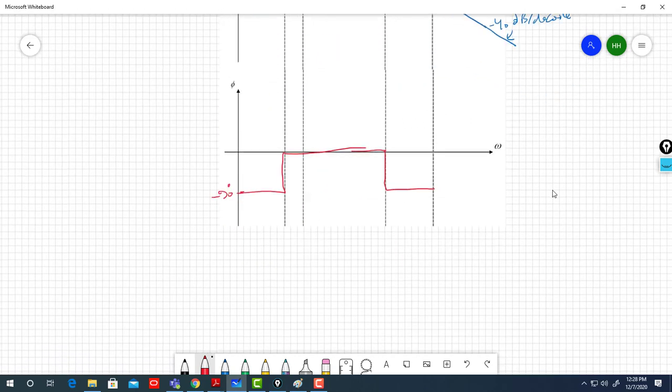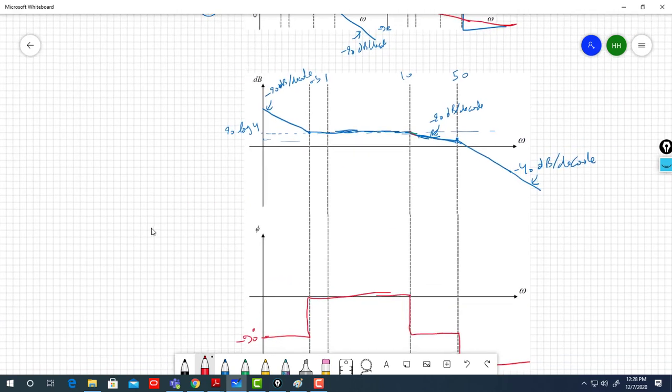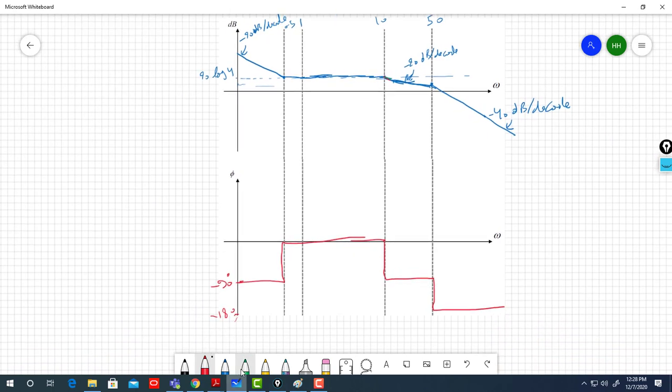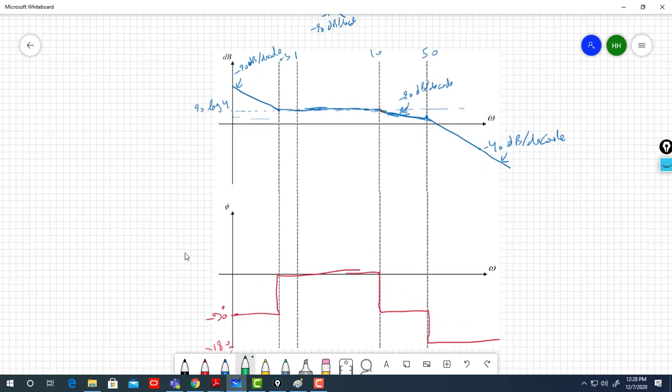Okay, so now minus 180, and this is a phase diagram, and this is the Bode diagram. Of course, if you want the exact one, you can go asymptote, here 3 decibel, then close to here like this, here minus 3 decibel, then asymptote.